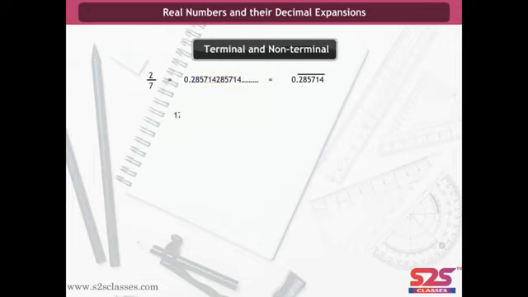Similarly, we can write 17.450236236236 and so on as 17.450236 bar, because only the group 236 out of the group 450236236236 is repeating. Hence we put the bar symbol only on 236 and not on the whole group.